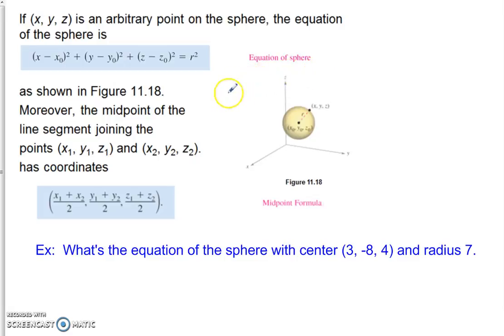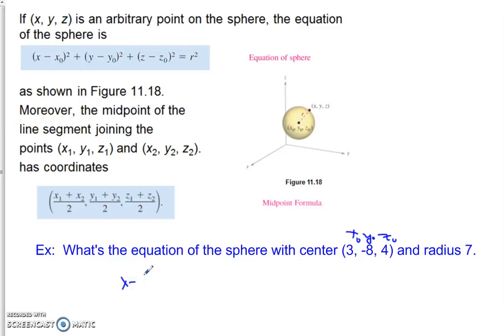Okay, so how would I find the equation of a sphere with center 3, negative 8, 4, and radius 7? Well, this replaces your x naught, this replaces your y naught, this replaces your z naught. And so we just substitute, put those values in, really straightforward.